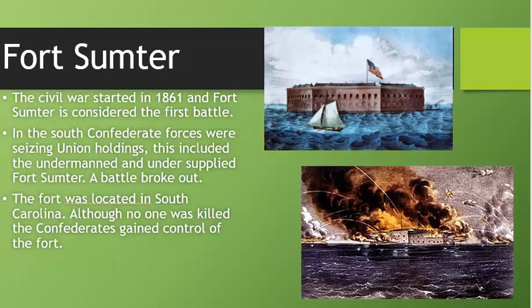Fort Sumter is a coastal fort that I think was still under construction or just finished. The Union garrison in there, small, undermanned, and undersupplied, does not want to give up or abandon the fort. The Confederates demand that they surrender the fort. When the Union leaders refuse, a battle breaks out.